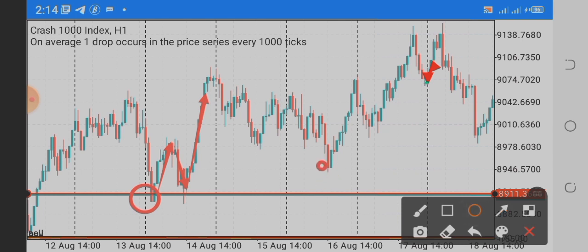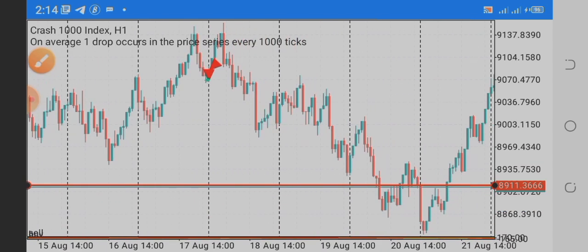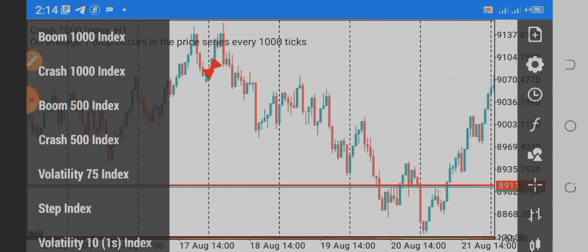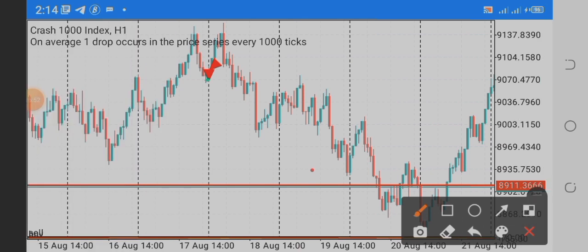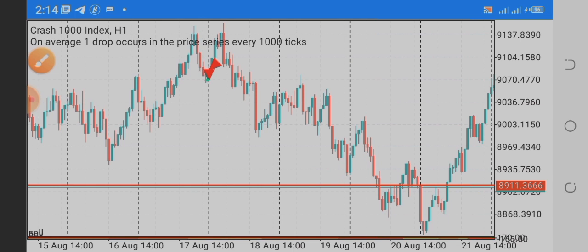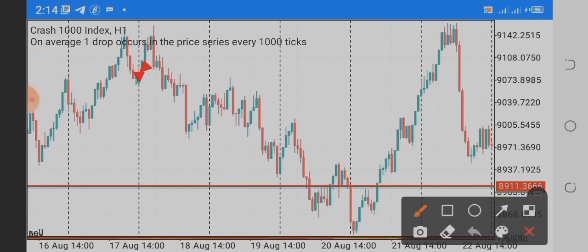When the price comes close to the line again, it bounces back. But sometimes the support still holds here.